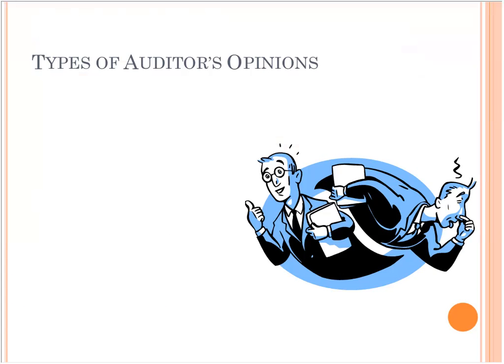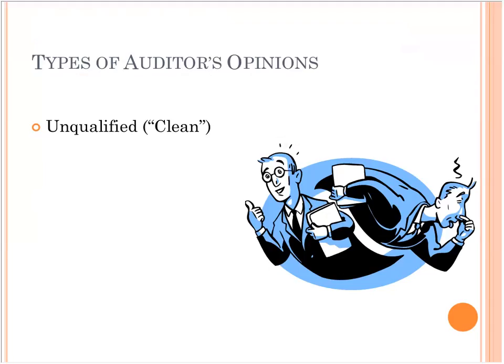So that opinion that we just looked at is what is called an unqualified opinion. It's the highest level of opinion, also referred to as a clean audit opinion. This basically says that the financial statements are in accordance with generally accepted accounting principles and are materially correct, and that the auditor basically does not have any issues with the information that's presented in the financial statements or the disclosure.